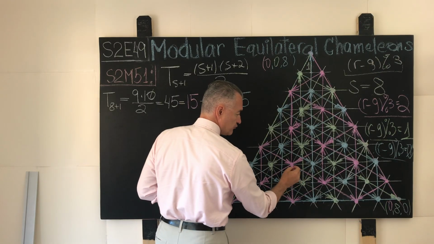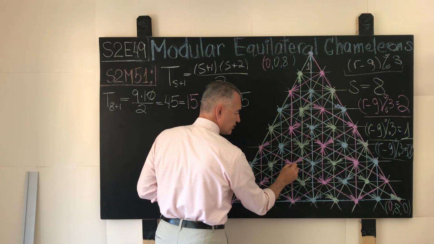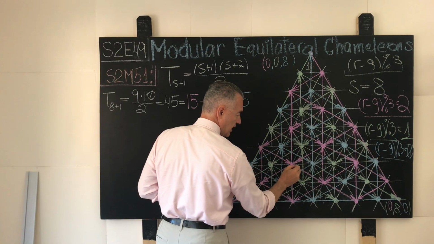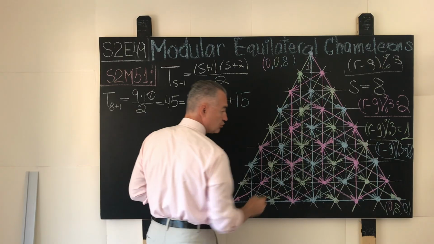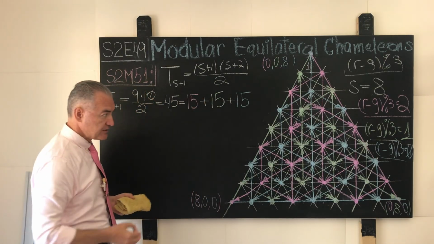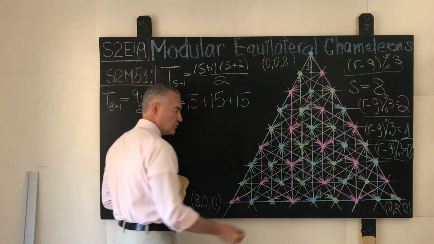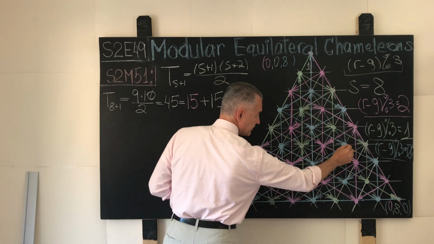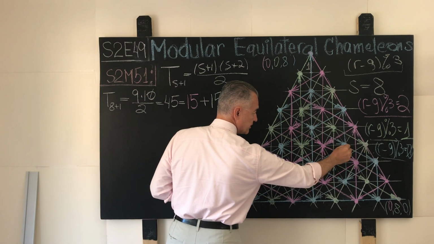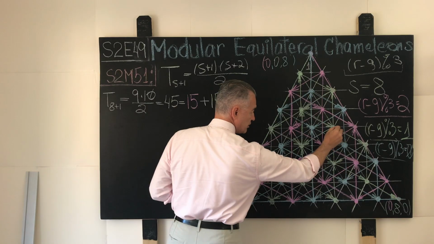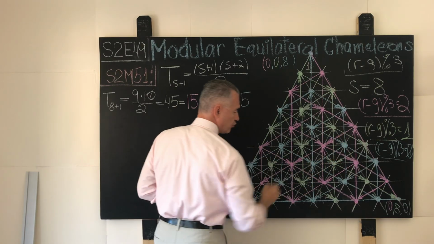So that means that from no red point can we get to a green point, and from no red point can we get to any blue point. And likewise for the other colors too. From any blue point like this one, there is no way to legally orbit into a green point or into a red point, and so on.